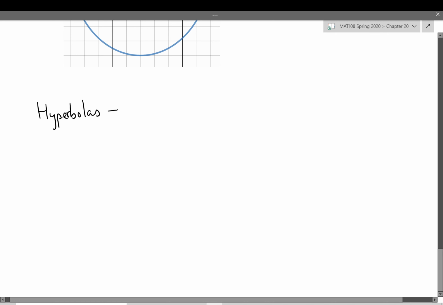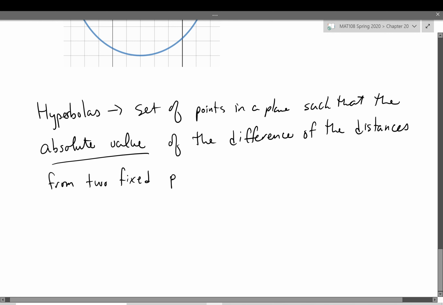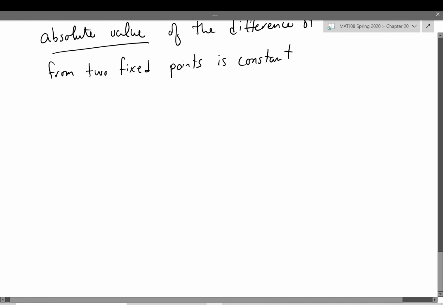A hyperbola is a set of points in a plane such that, and this is key, the absolute value of the difference of the distances from the two fixed points is constant. Okay? So I'm going to just give you the equations, okay? We're going to center them at (0, 0).